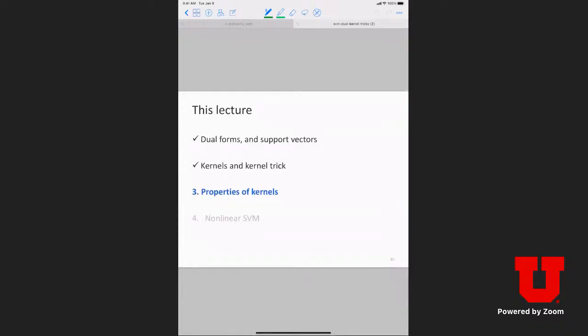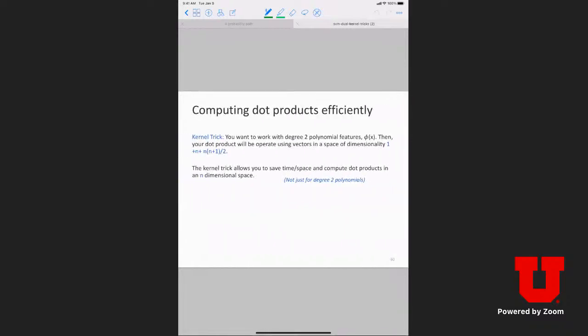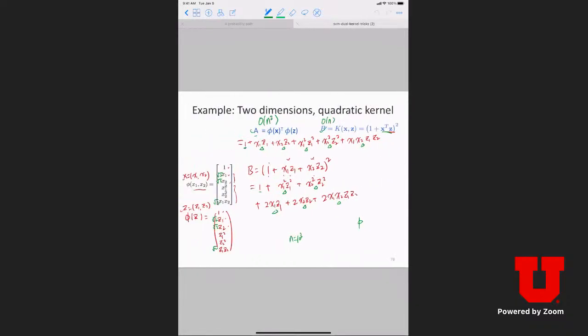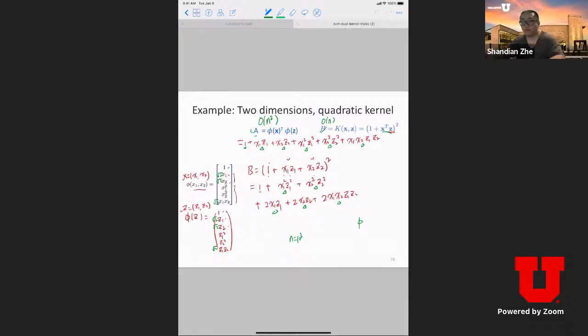So what you just showed for the kernel trick, the equation for B, is only in the case of the quadratic kernel. Yes, exactly.